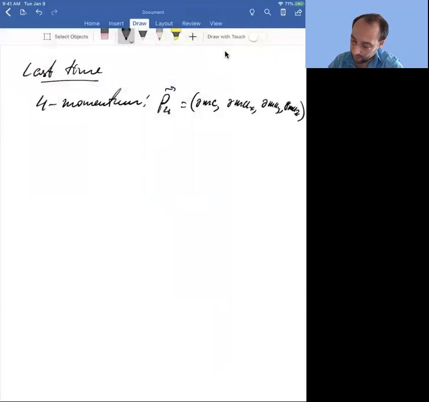And to remind you that u sub x, for example, is the ordinary velocity of a particle in any given frame: ux equals dx/dt, uy equals dy/dt, and so on, okay?